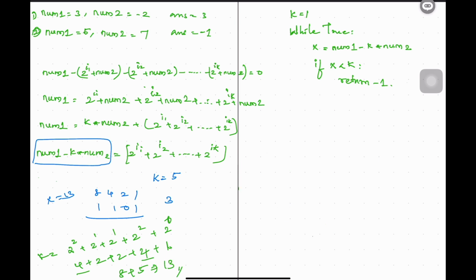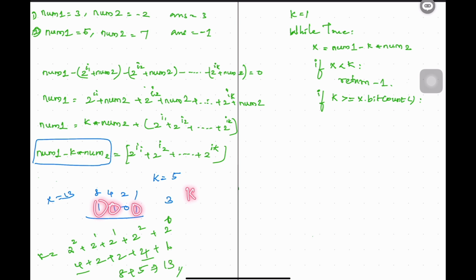Another case will be if k is greater than or equal to x dot bit count. So x dot bit count, generally what it will do: if x equals to 13, our bit count is 3.